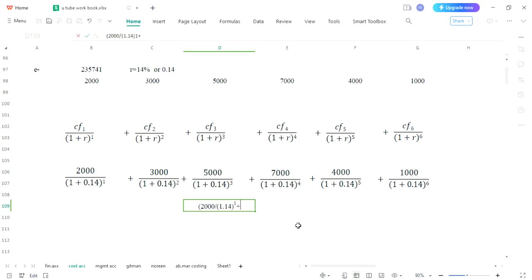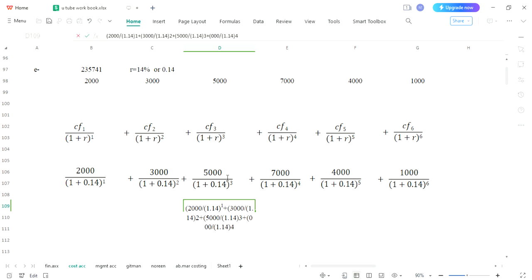Okay. Second cash flow was, look, 3000. So you will post 3000, and this raised to power would become 2, and then your third formula raised to power would become 3, and third cash flow is 5000. In the similar way, you will write down your fourth cash flow. Amount for fourth cash flow is 7000.